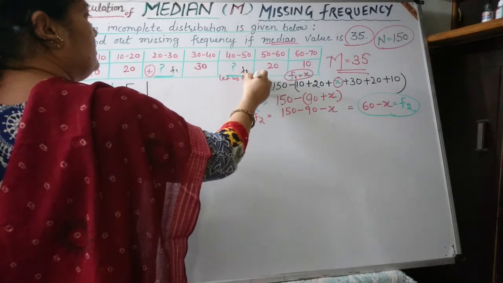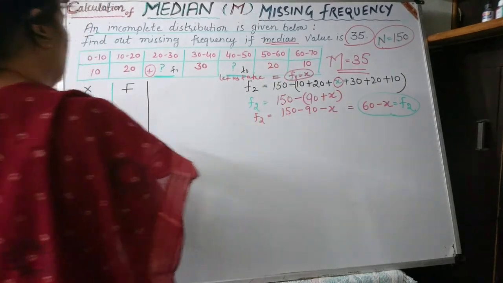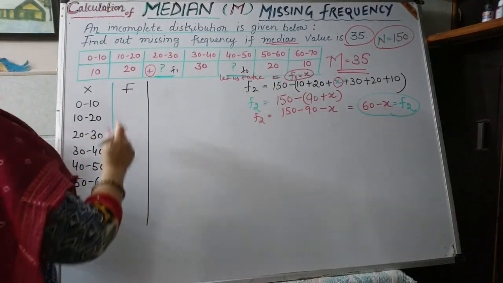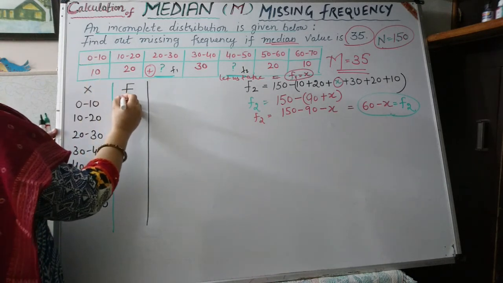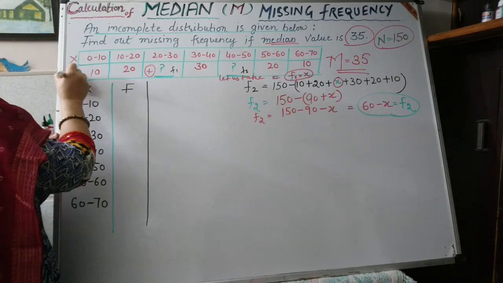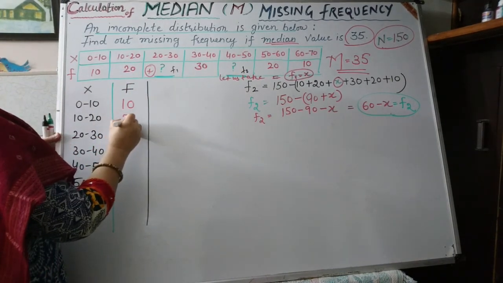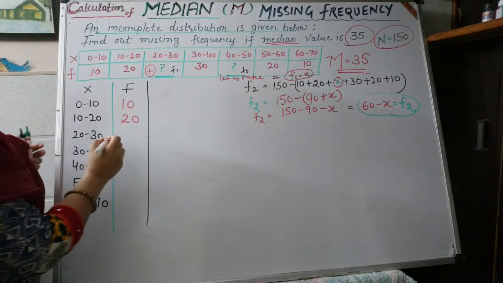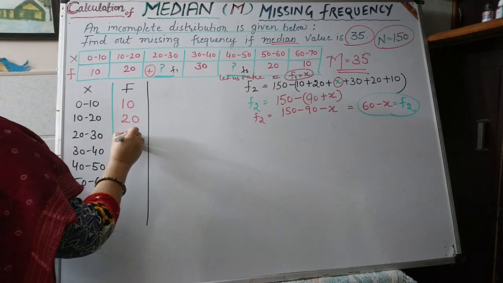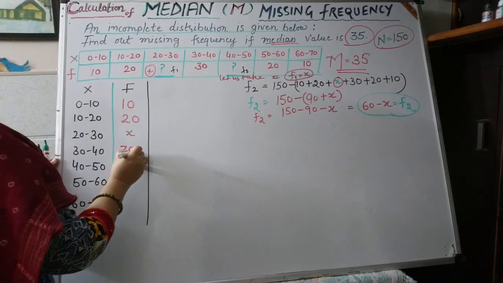Let us take F1 is equal to small x. Now I am writing down the values of x and f. First frequency 10, second frequency 20, third frequency small x, fourth frequency 30.